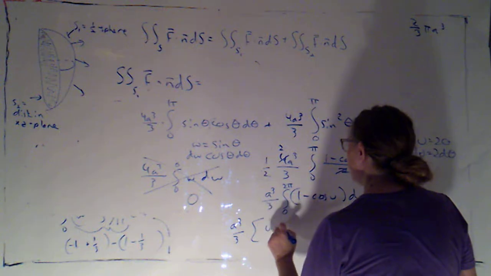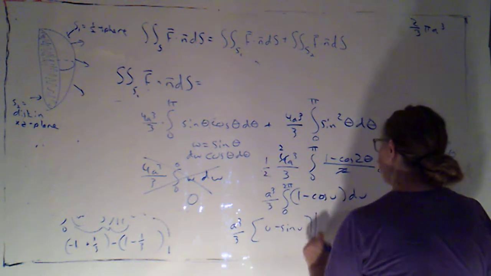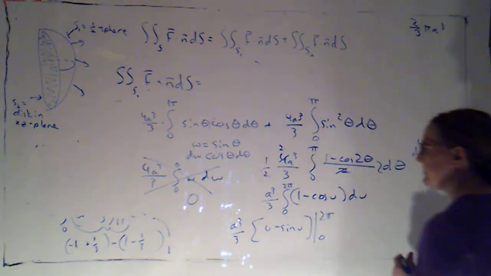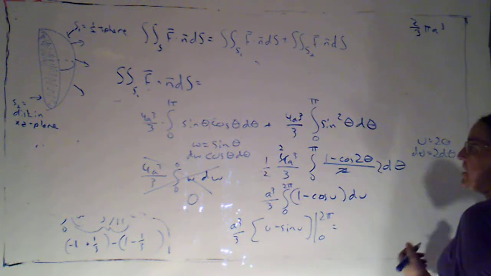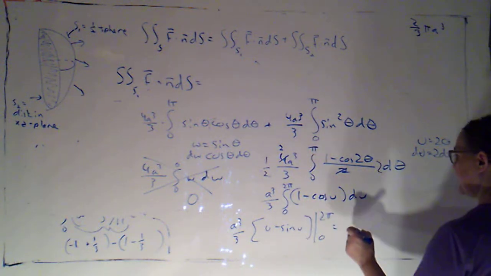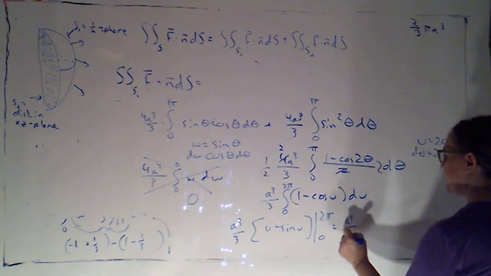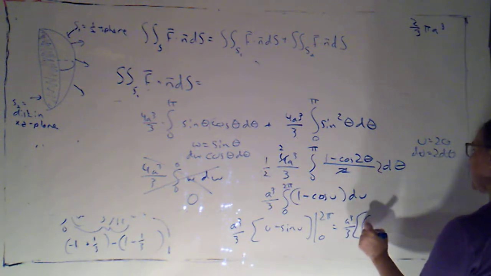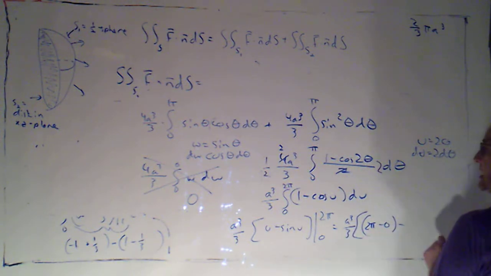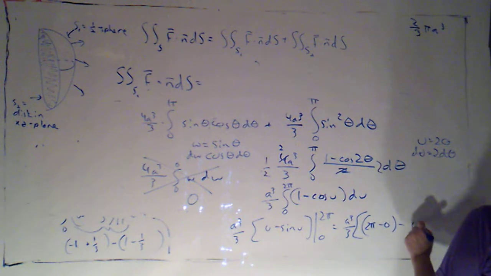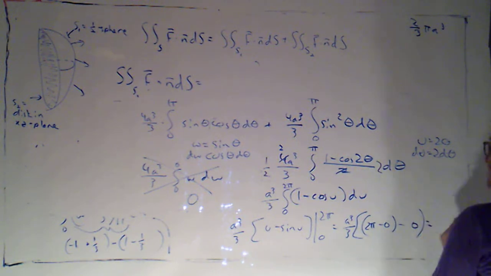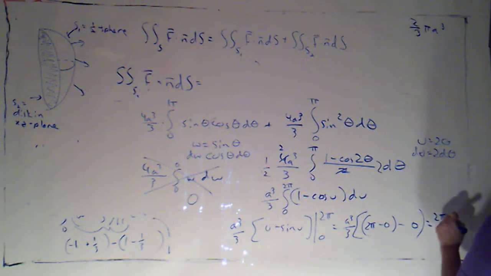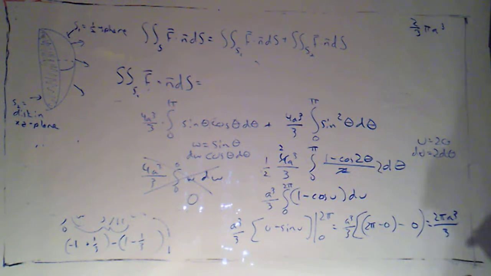We're going to have u minus sine u, evaluated between 2 pi and 0. So that's going to be a cubed over 3 times, at 2 pi, I get 2 pi minus 0. Minus at 0, I just get 0 minus 0. So that's going to be 2 pi a cubed all over 3.